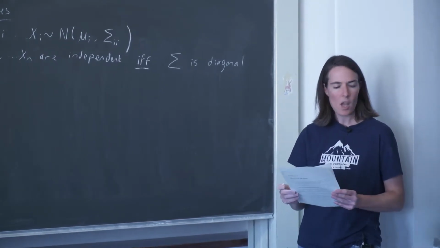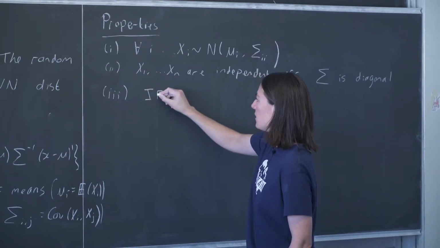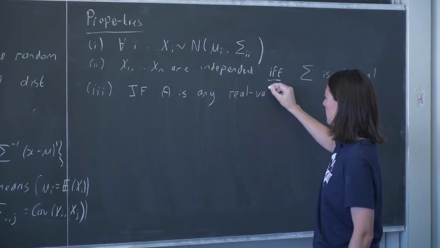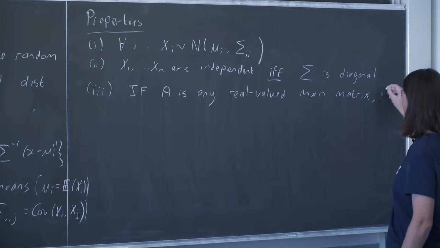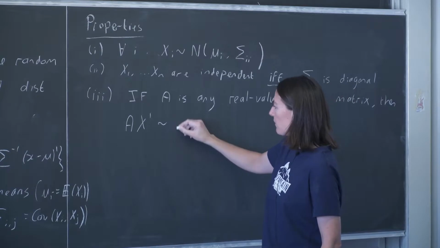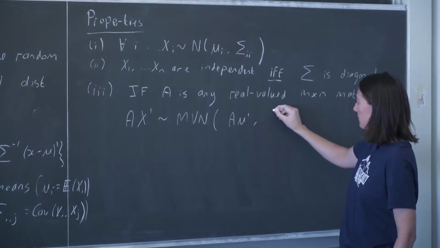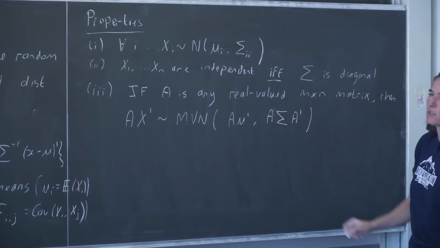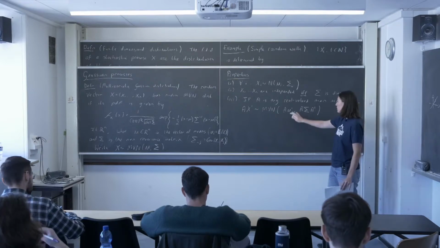Okay. Any other questions? Okay, and then the third property is that if A is any real valued m by n matrix, then A times the transpose of x is also a multivariate normal with mean given by A times the transpose of mu and covariance matrix given by A sigma transpose of A. So this is another very, very useful property: the multivariate normal distribution is preserved under linear transformation.